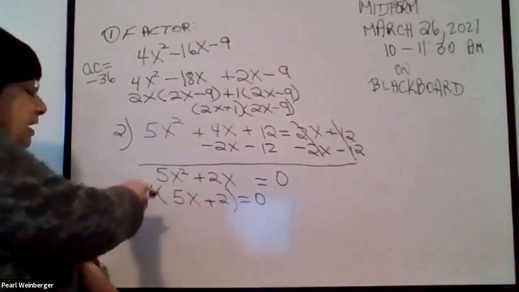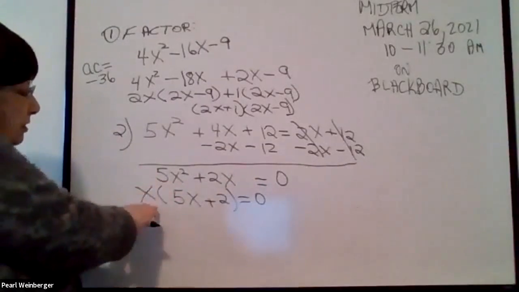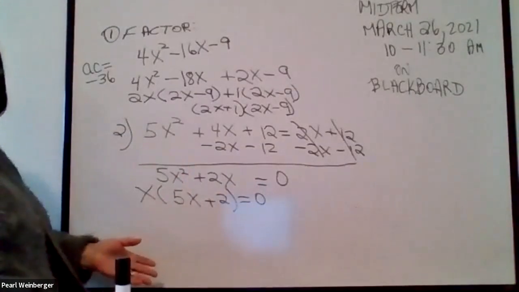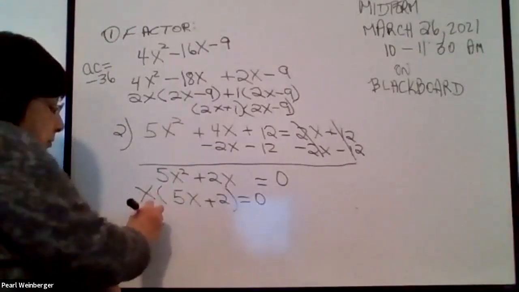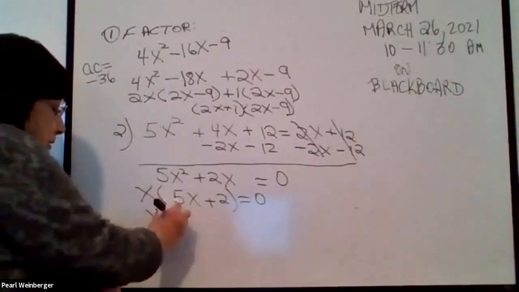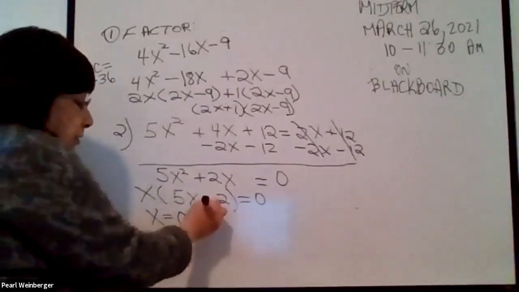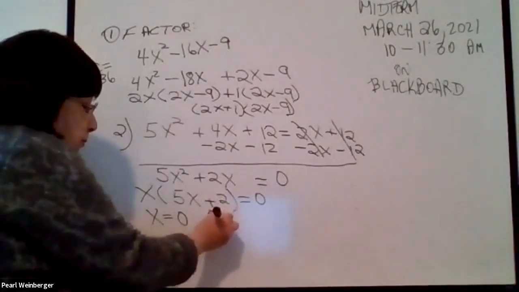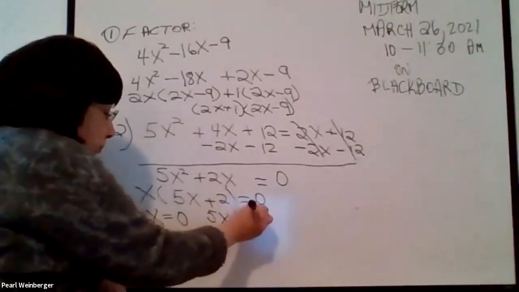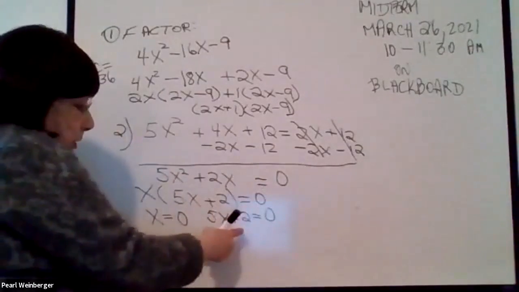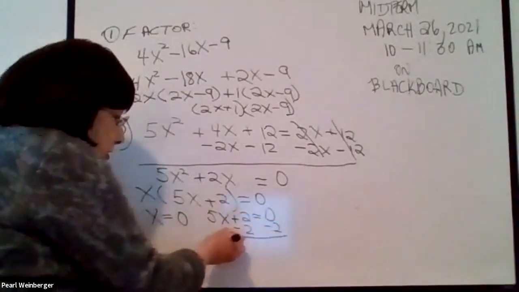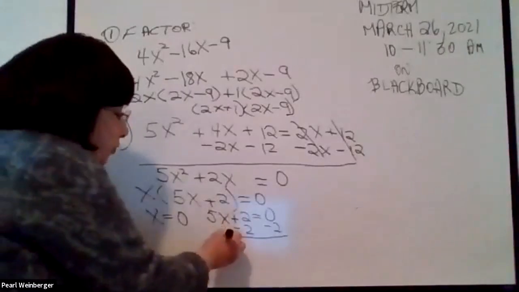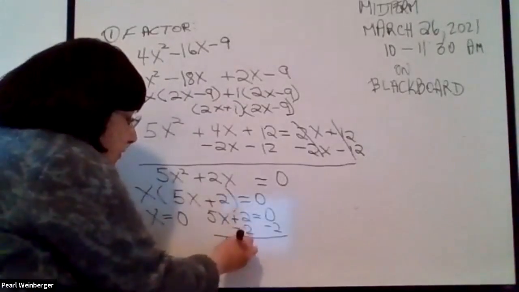After we've done our factoring, then we separate. In this case, we don't have two parentheses because this is only a plain x. You don't have to put parentheses, but it's equivalent. You do set it equal to 0. So one answer becomes x equals 0. And you put the other factor, 5x plus 2, equal to 0, and this one you have to solve. First, bring the 2 to the other side, which gives you 5x equals negative 2.